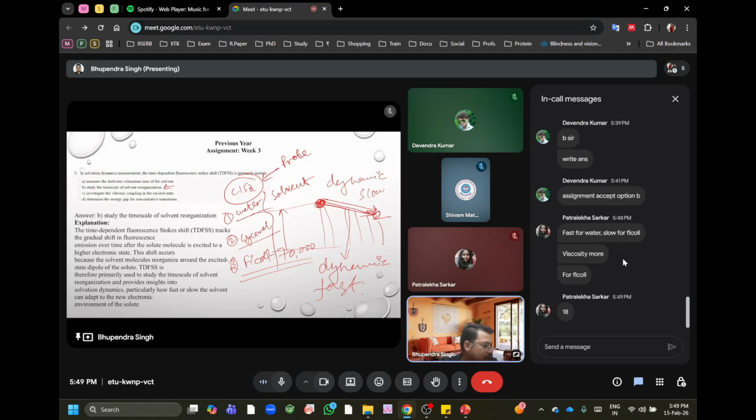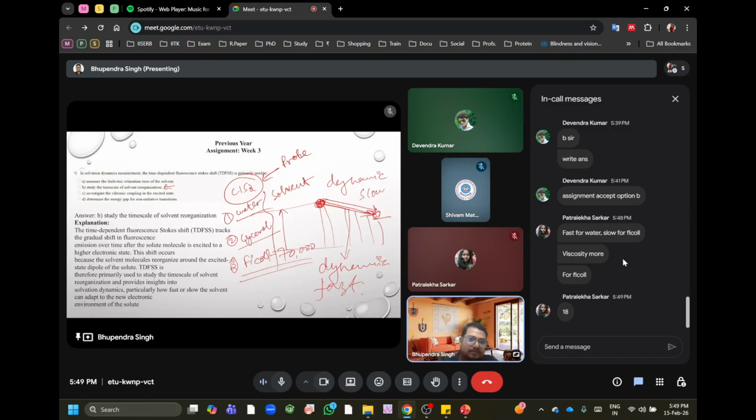One molecule of water, 18. And what is the molecular weight of the Ficoll? It is 70,000. So now you can understand that it is a big molecule. So the viscosity will be higher when the Ficoll is present.